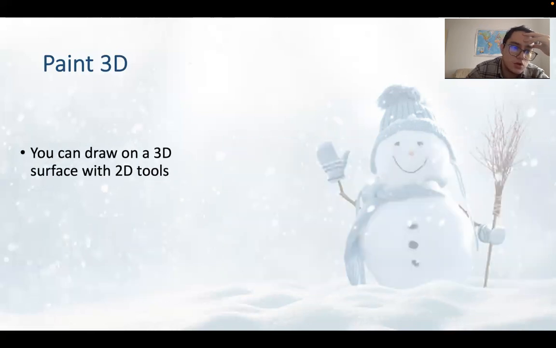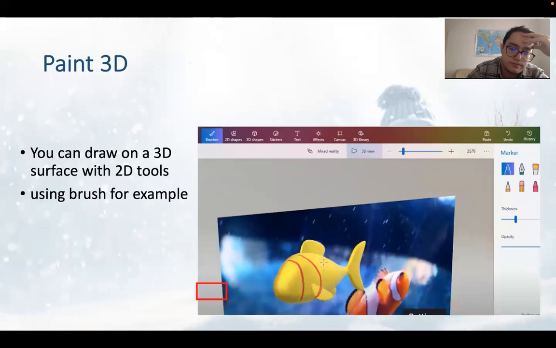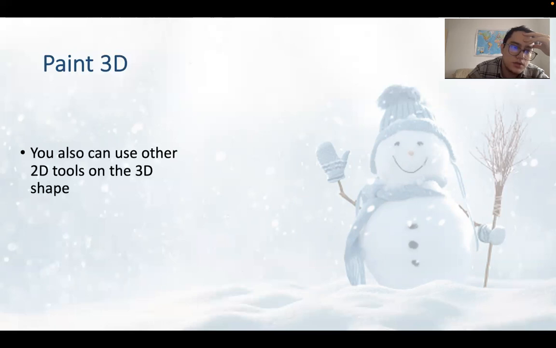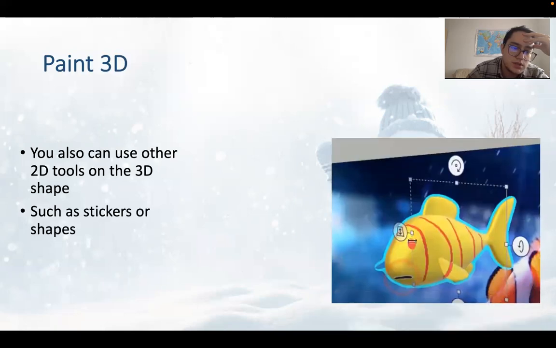You can draw on a 3D surface with 2D tools using the brush, for example. You can also use other 2D tools on the 3D shapes, such as stickers or shapes.